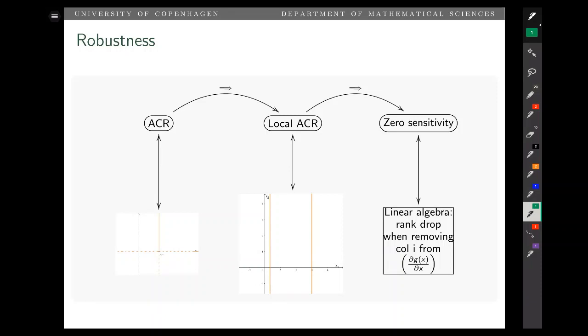Local ACR would mean having something like that. 2 lines or maybe 2 curves containing different hyperplanes. Not necessarily straight, but curves, but they are in different hyperplanes, parallel hyperplanes. And then local ACR implies 0 sensitivity, as I told you. And this one is the one that I already know how to check, and it's very easy.